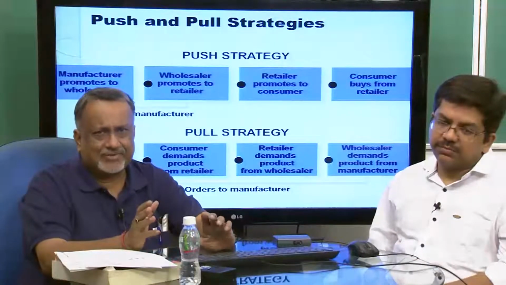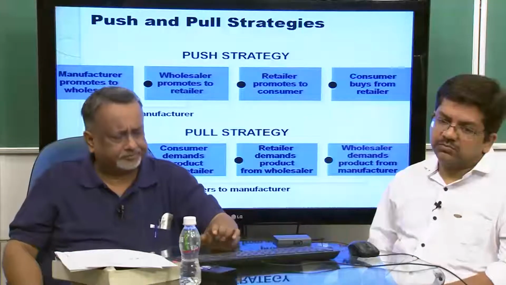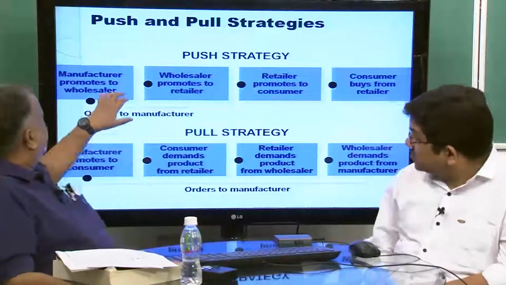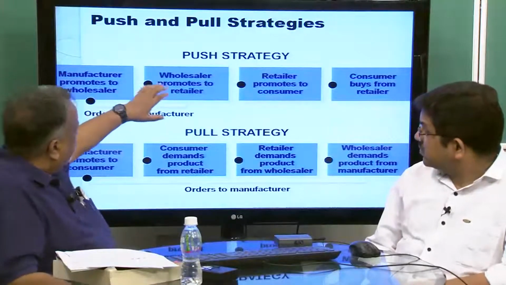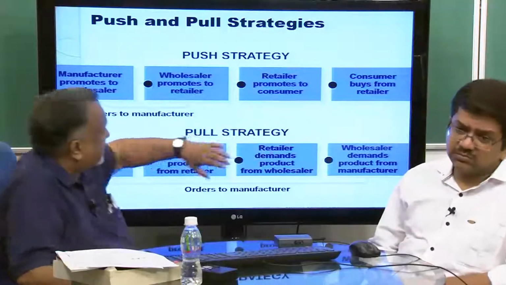And then we discussed the push strategy and pull strategy. In the push strategy the manufacturer promotes to the wholesaler, the wholesaler promotes to the retailer, the retailer promotes to the consumer, and the consumer buys from the retailer.